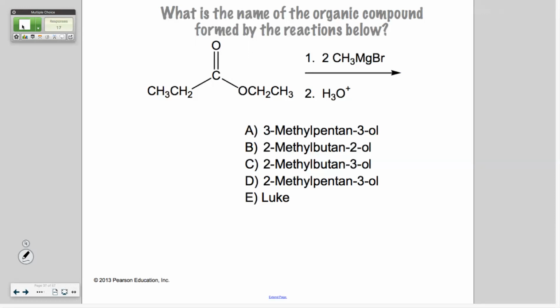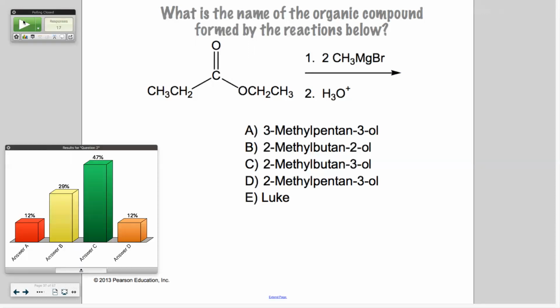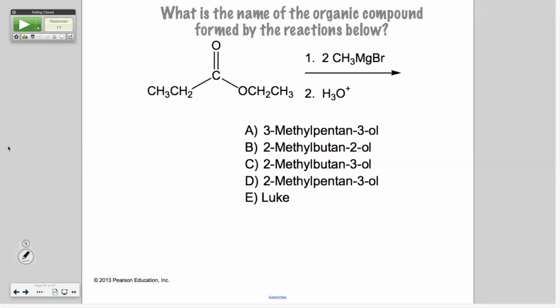I don't know where those things come. Okay. Wow, I got every answer. Oh my gosh. Well, except Luke. Nobody liked Luke? I figured 1 out of 25 was better than 0. Or 25% chance was better than 0.